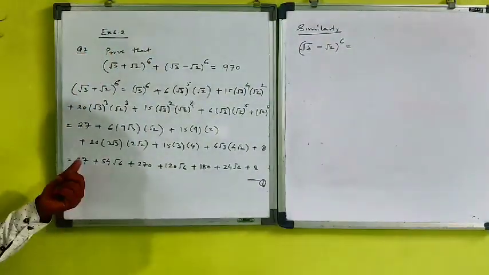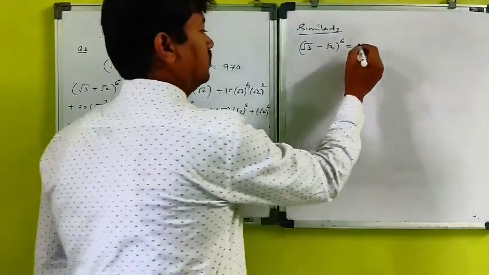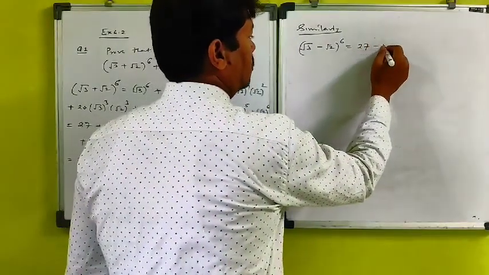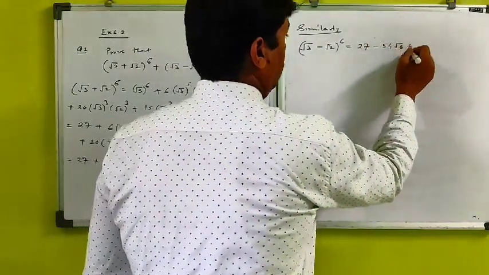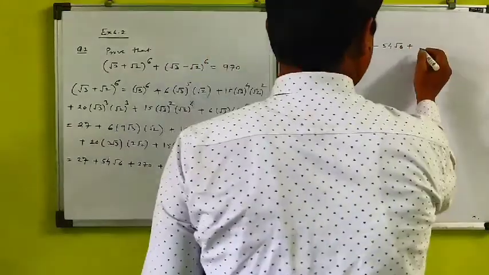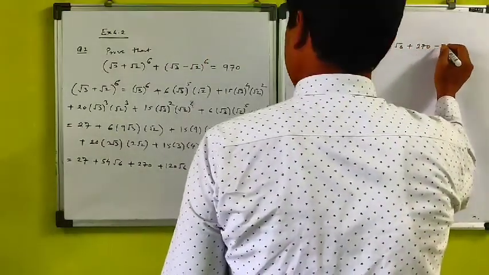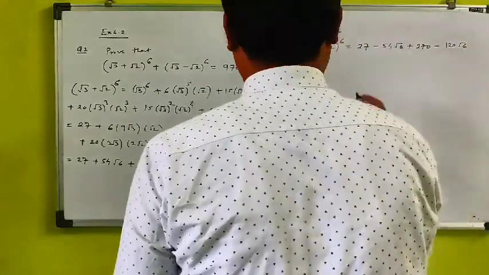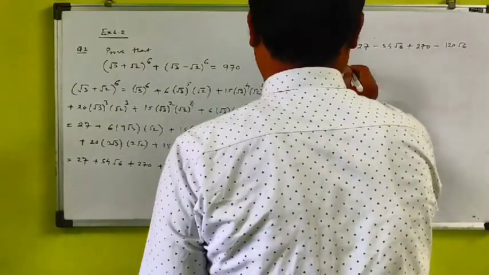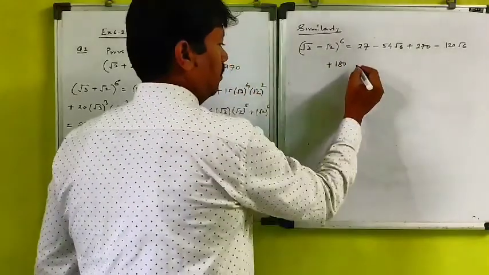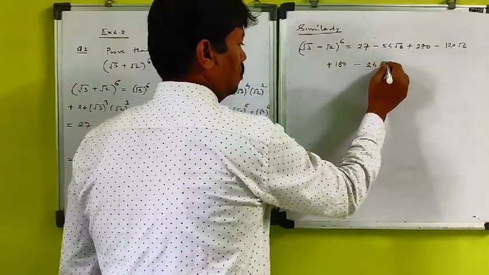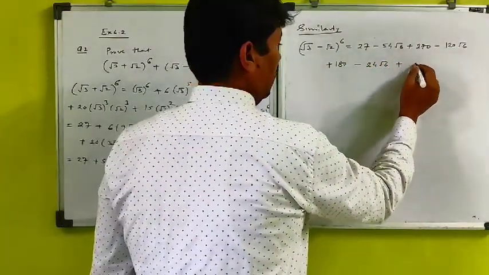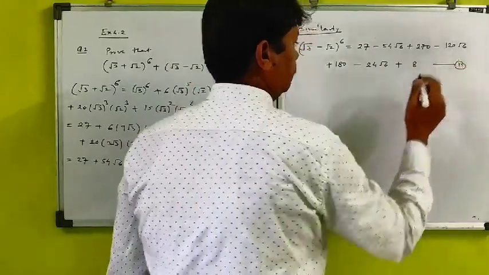So you can write this as 27 minus 54 root 6 plus 270 minus 120 root 6 plus 180 minus 24 root 6 plus 8, like this.